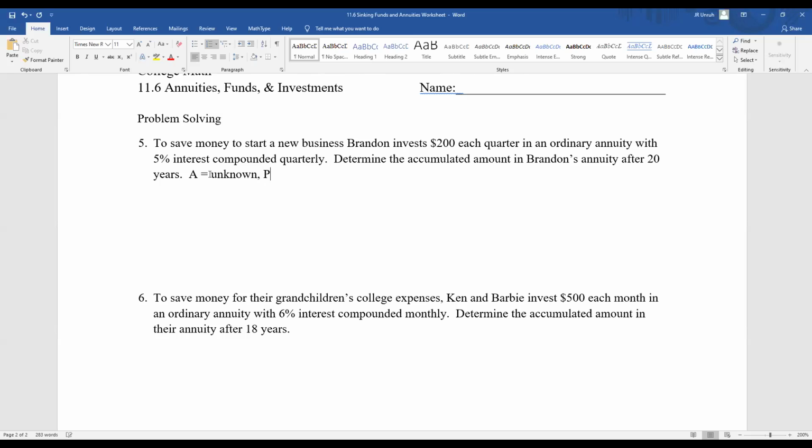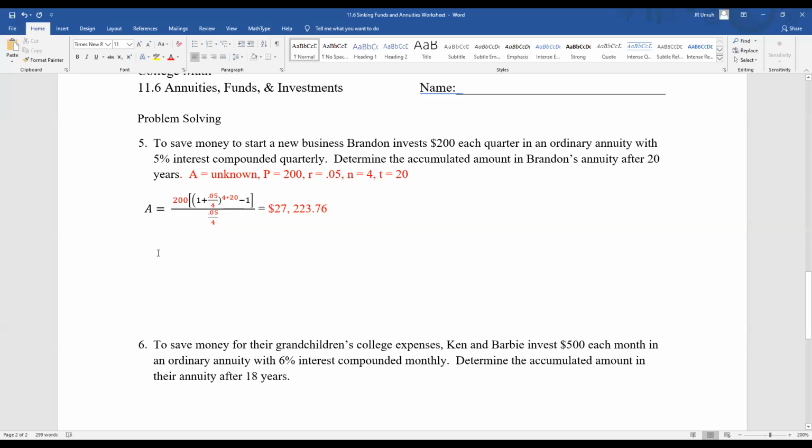P, that's $200, and our R is equal to 0.05, and the N, this is told quarterly, so N is equal to 4, and T is equal to, we're told, 20 years. Okay, so there's all of our numbers. All we need to do then, since we are told that the A is unknown, we're going to use the formula where we're solving for A and plug these numbers in and we'll be all set.